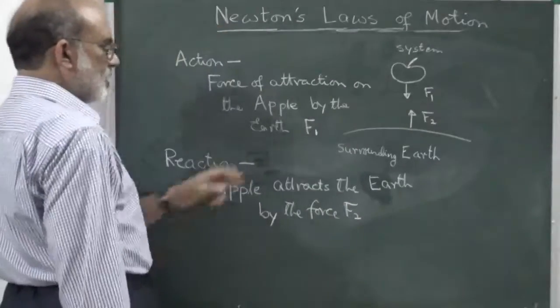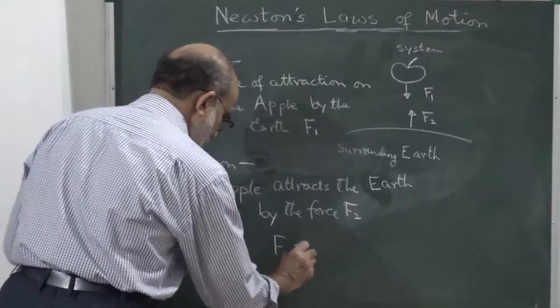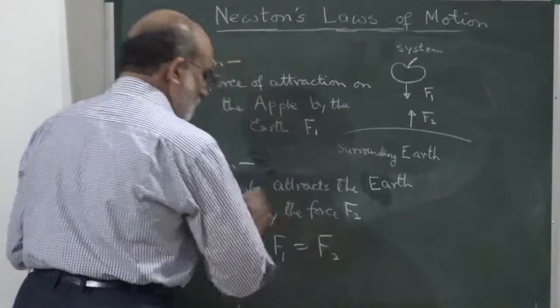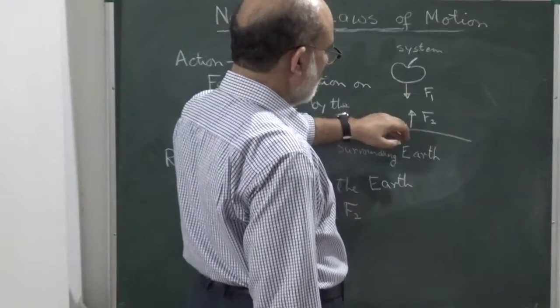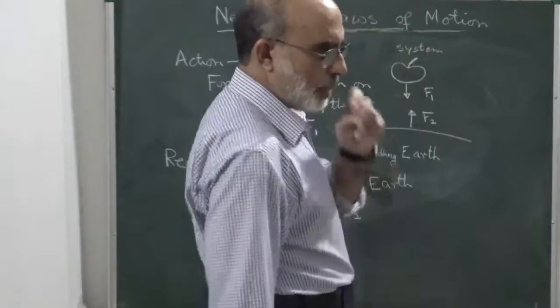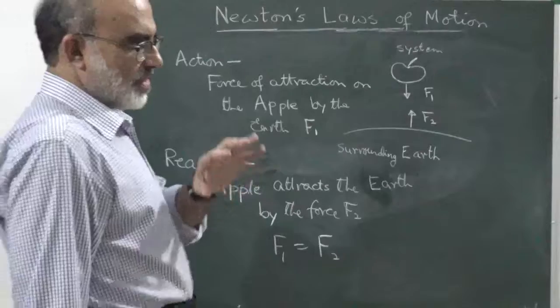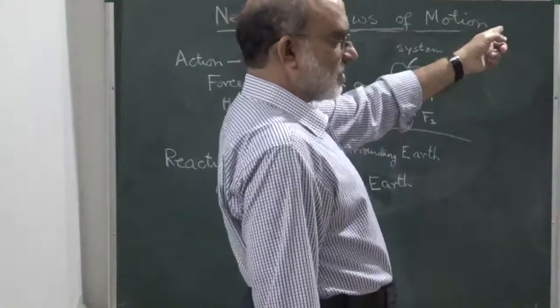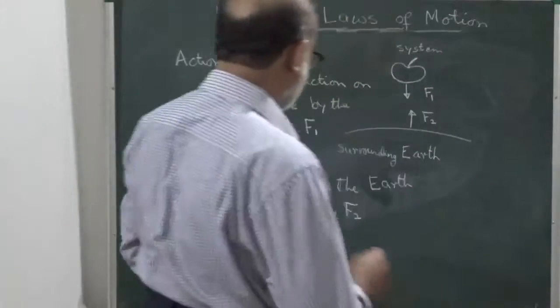According to the third law, these two must be the same. So F1 is equal to the force by which the earth attracts the apple. By the same force, the earth will be attracted towards the apple. So this is the meaning of action and reaction. The action is on the system, and the system is also applying a force on the surroundings.